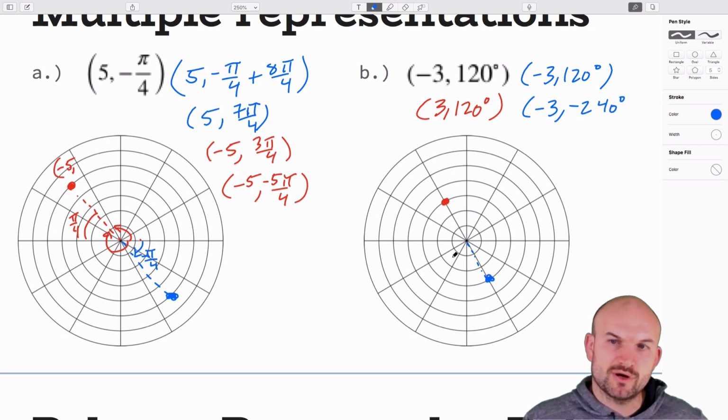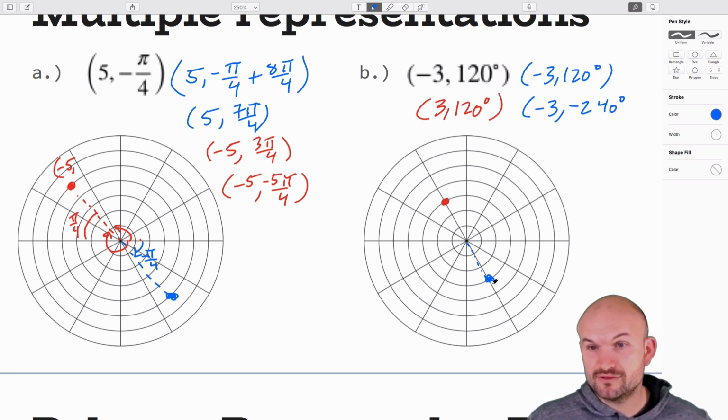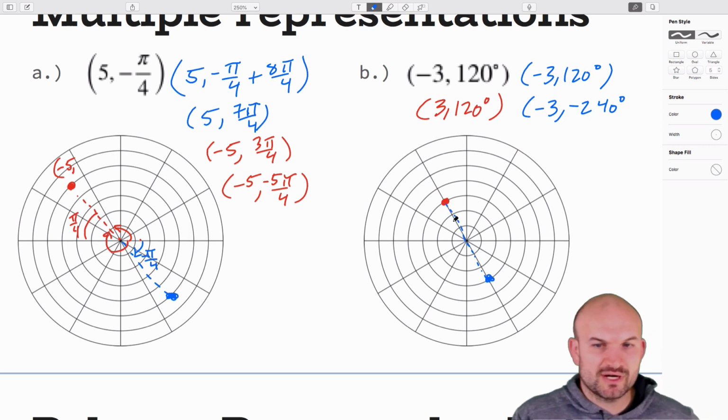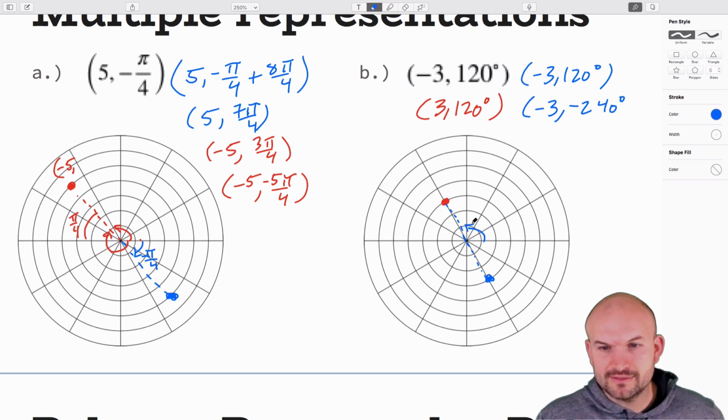So if you did negative 240 and then negative 3, that would take you over to here. Or we could think about just doing the positive angle, right? So let's do our calculations. From here to here is 120 degrees. That means from here to here is going to be 60 degrees. And again, using your math here, that means that is going to be 60 degrees as well.